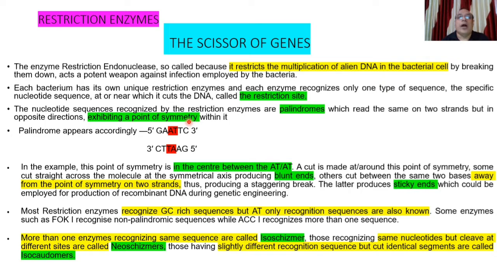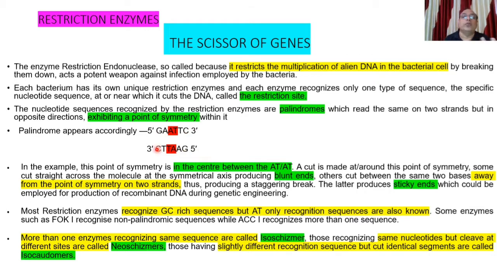Palindromic sequences are the same when they are run in the opposite direction. So you can see here that from 5 to 3 direction, this is GAATTC, and from 5 to 3 in the other strand running in the opposite direction, here also GAATTC.